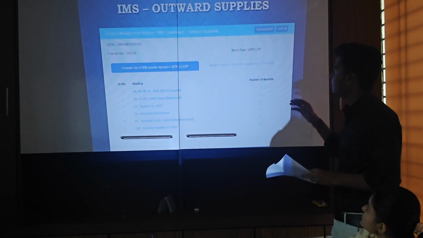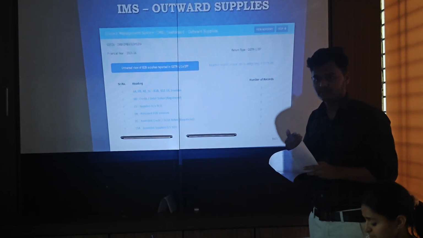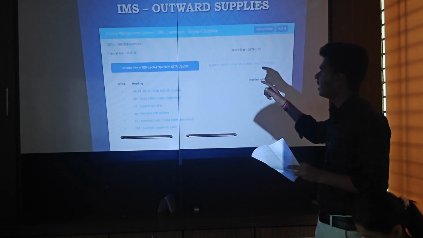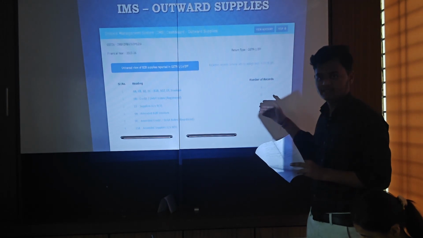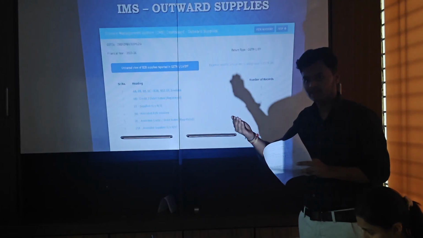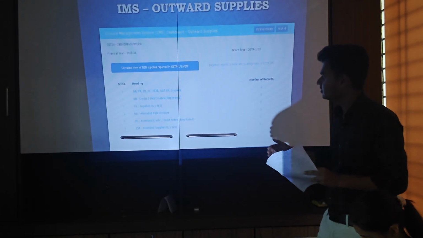Here, IMS for outward supplies means when the supplier files a GSTR 1, all uploaded invoices come to this IMS portal. Here the supplier can also see the action taken by the recipient, whether the recipient has accepted the invoice, rejected the invoice, or kept it pending.